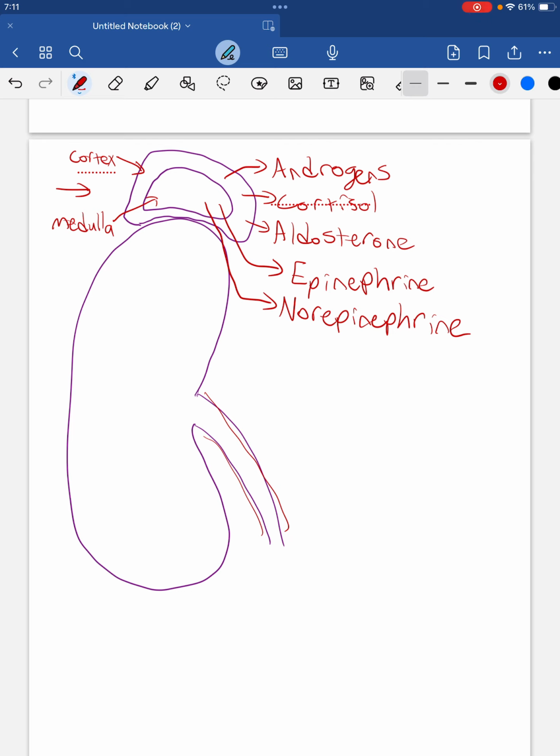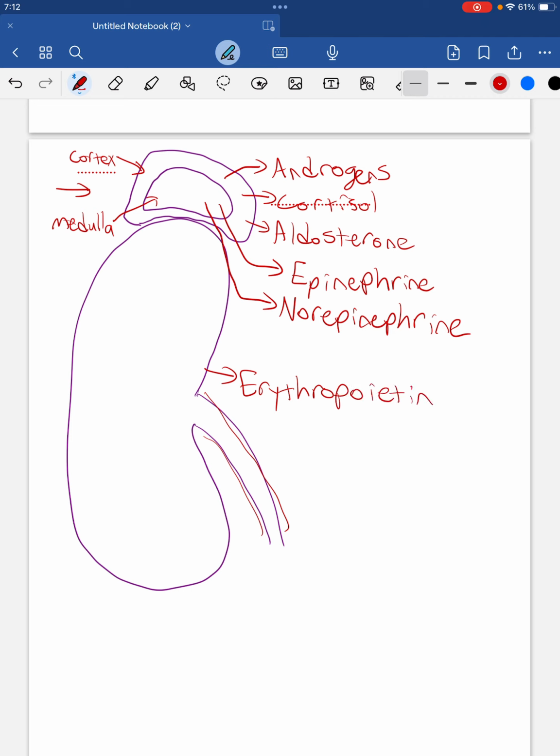So let's talk about all of these. Let's talk about the kidney itself. If we don't have enough oxygen in our blood, the kidney is filtering the blood, and it will produce erythropoietin.